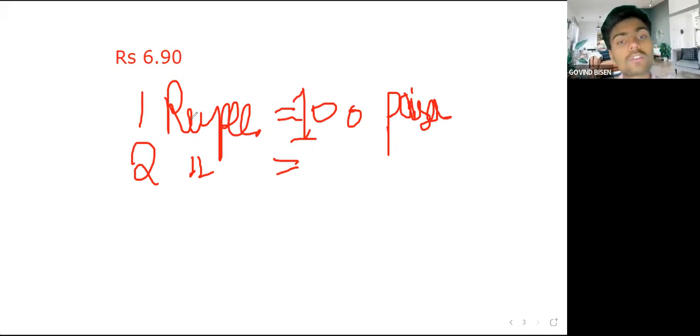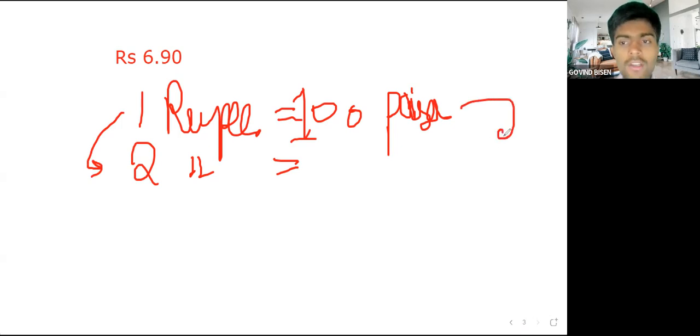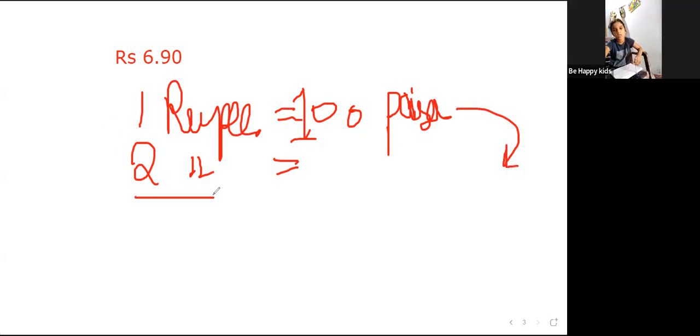So 2 rupees equals how many paisa? It should be double, right? Because 1 rupee is getting doubled to 2 rupees, so the paisa should also get doubled, isn't it?